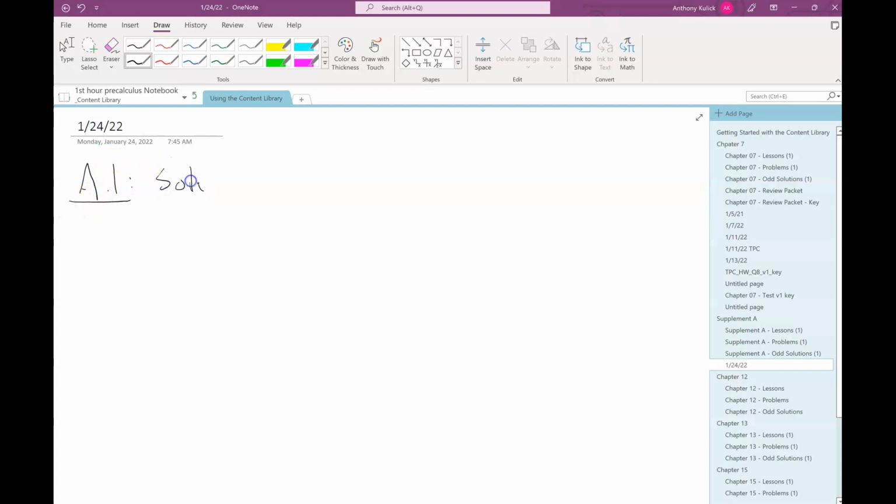So we're going to start by discussing several different ways that we can solve these systems of linear equations. So the first technique we're going to talk about is graphing.